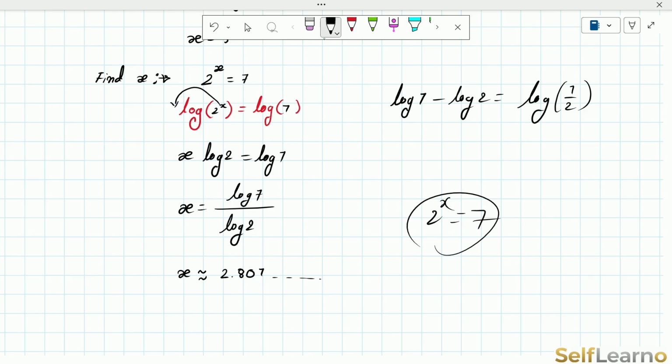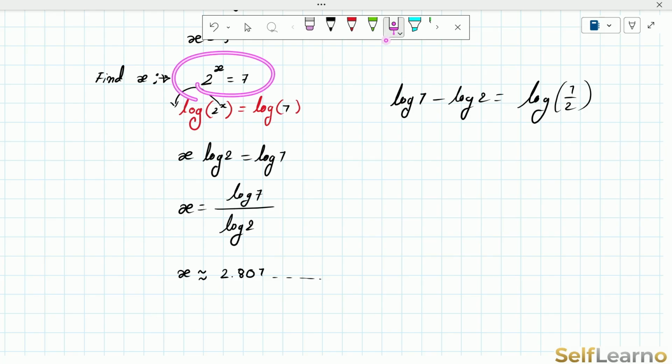Great. So logarithm was developed to handle these kinds of questions. If x is in the power, to bring it down in front, you have to apply logarithm on both sides. So you can bring the x down and you can easily find x.